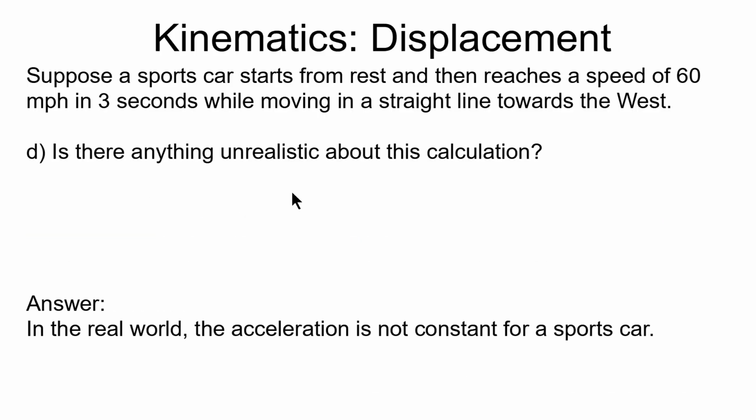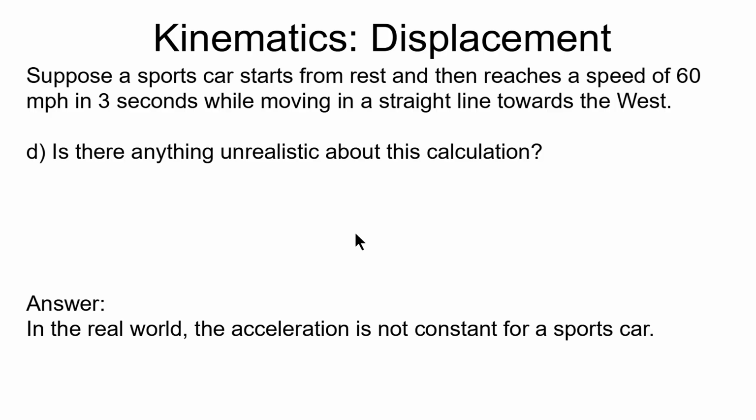Is there anything unrealistic about the calculation of this for a sports car? Well, the kinematic equations only can be used when the acceleration is constant. Cars don't have constant acceleration. Your transmission is changing gears, you're changing speed in various ways.